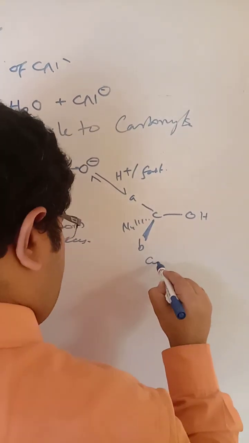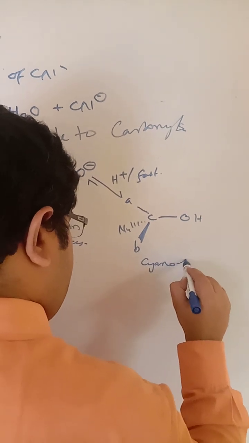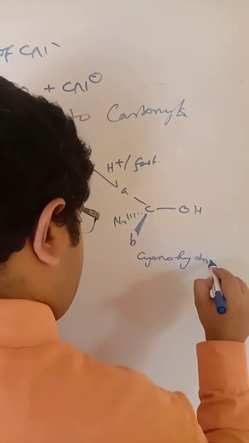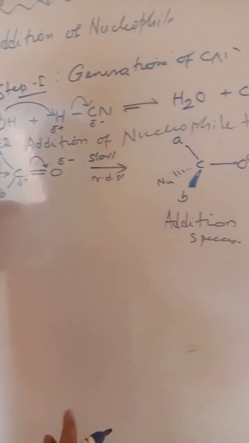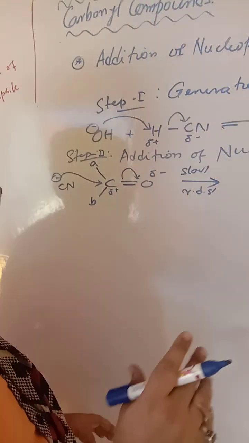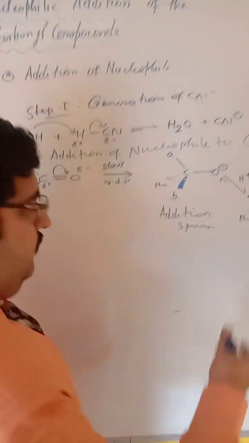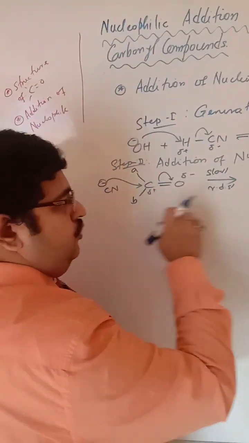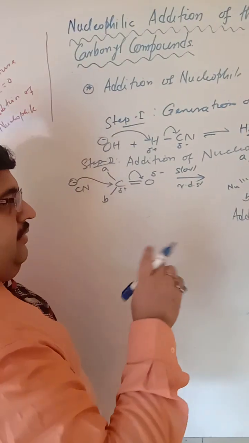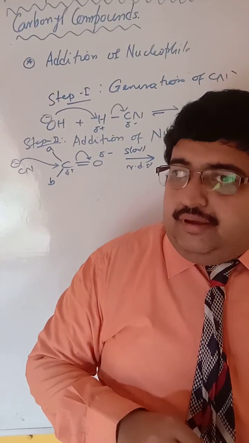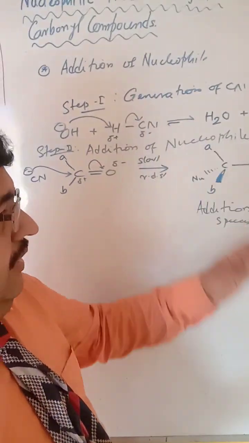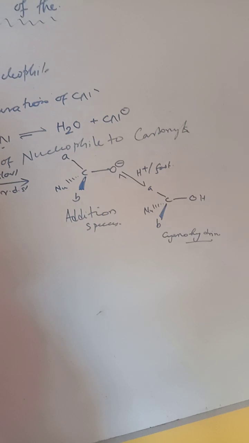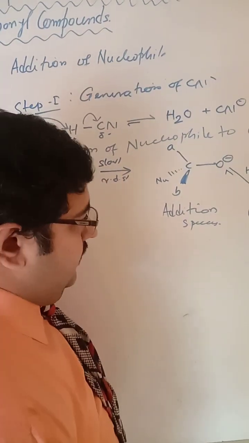This is called cyanohydrin. The name of the species is cyanohydrin. Now if you consider a ketone, you mention it as ketone cyanohydrin. If this is an aldehyde, you write it as aldehyde cyanohydrin. For example, if you are using acetone for the generation of its cyanohydrin by this process, the product which you obtain is called acetone cyanohydrin.